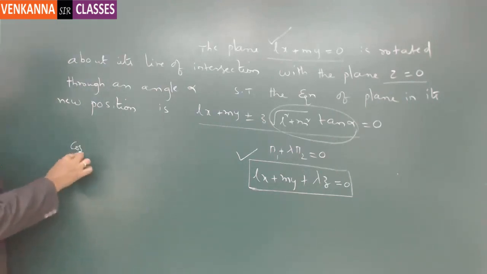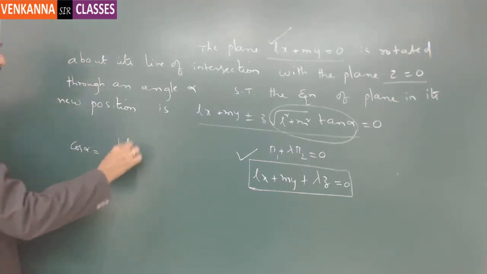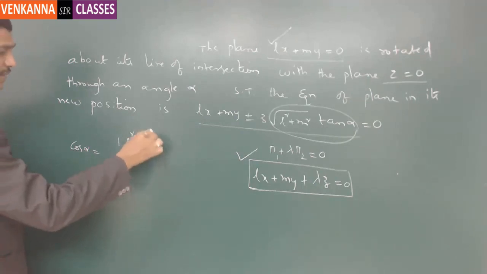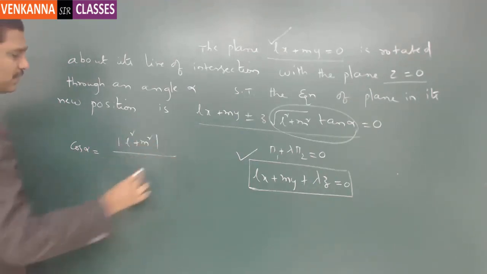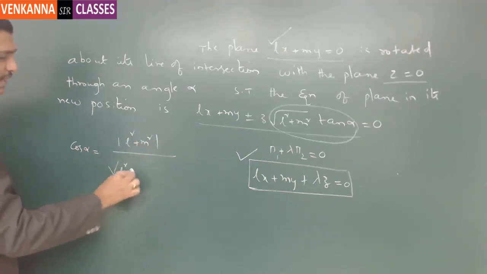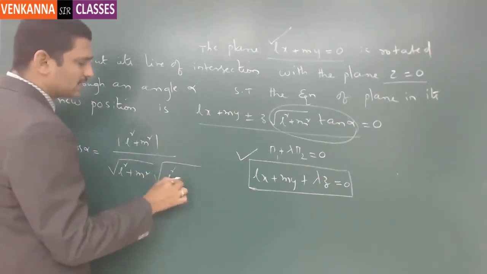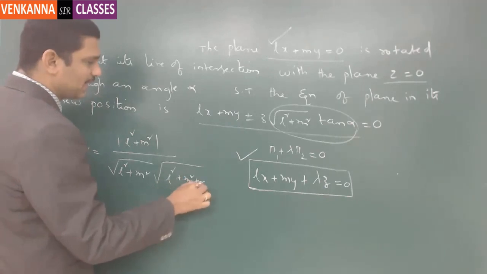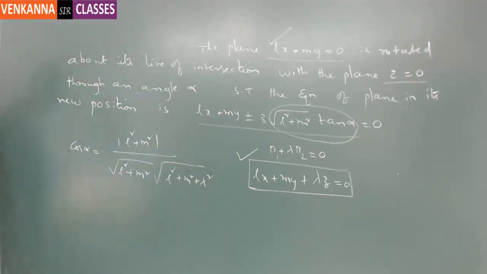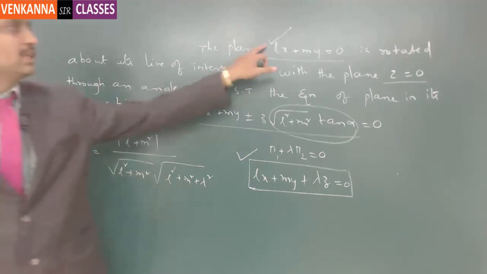So cos alpha is equal to modulus of L square plus m square by square root of L square plus m square into square root of L square plus m square plus lambda square. I have applied the cos theta formula, A1 A2 plus B1 B2 plus C1 C2 by square root of, for this plane and this plane.